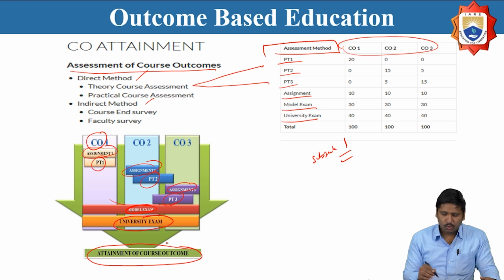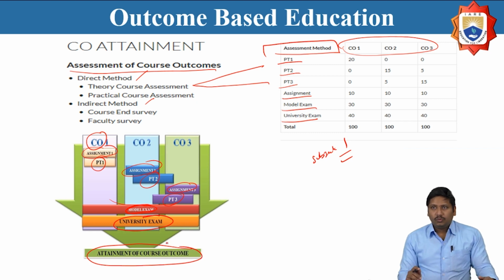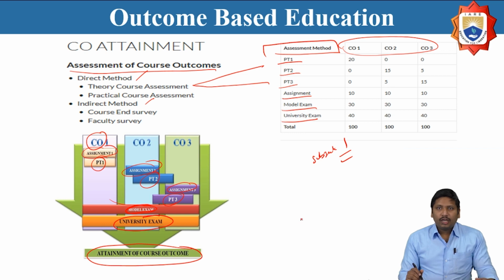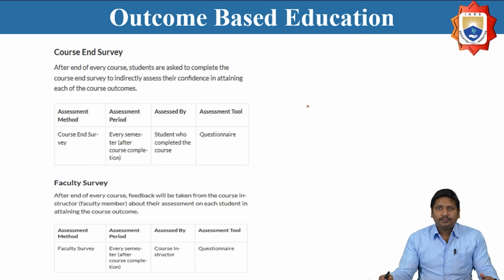Finally you can attain the particular course outcomes. So identify the subject, identify the COs, and apply the assessment methods like unit-wise tests and assignments, finally the model exam and then the university exam. Now the indirect one.